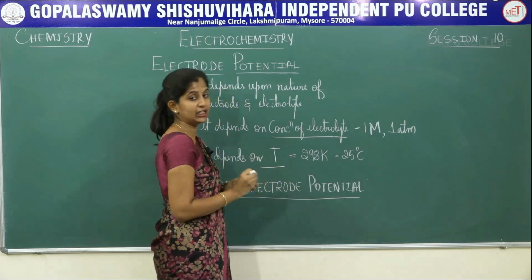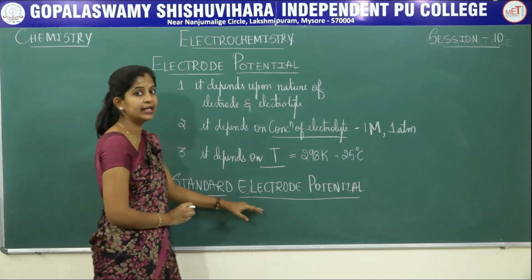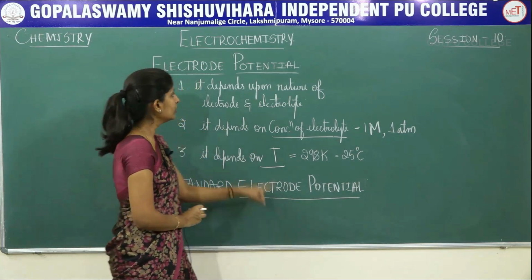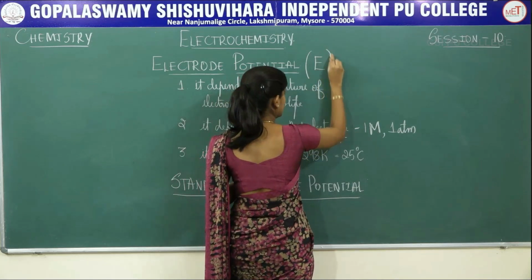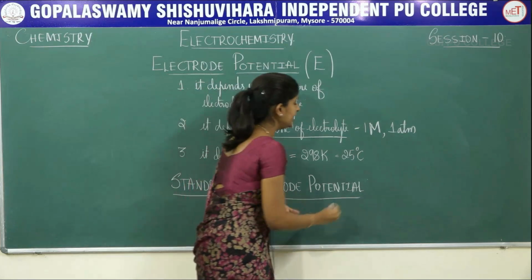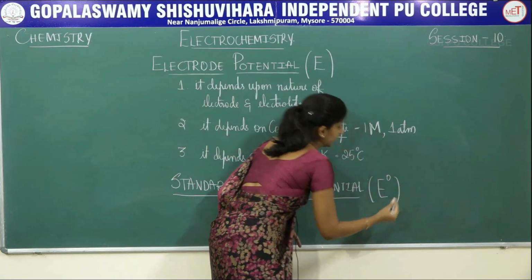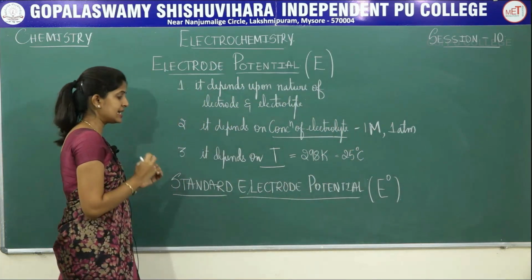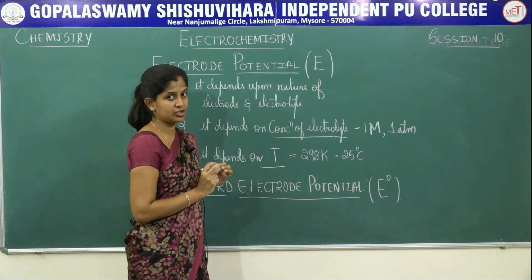Electrode potential is symbolized by E, while standard electrode potential is differentiated by E naught. E naught means standard electrode potential, and E means electrode potential.